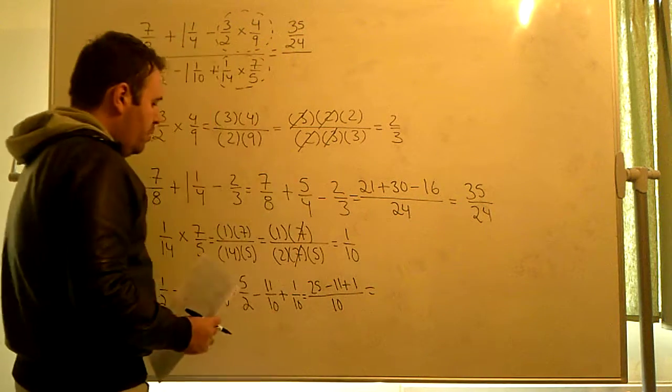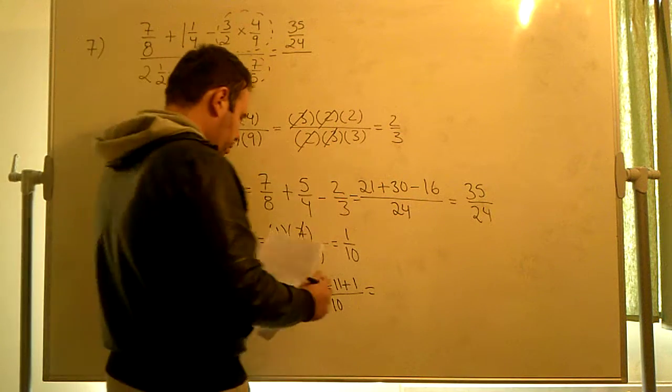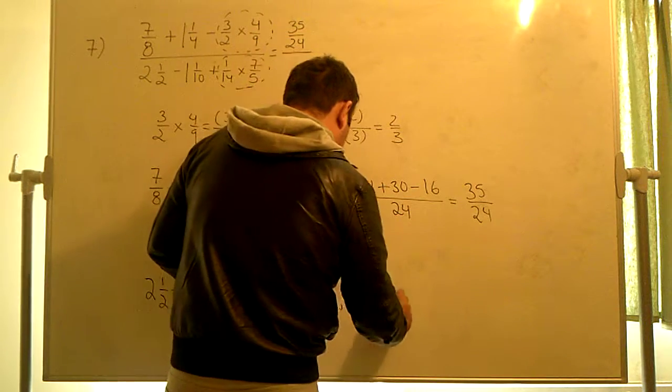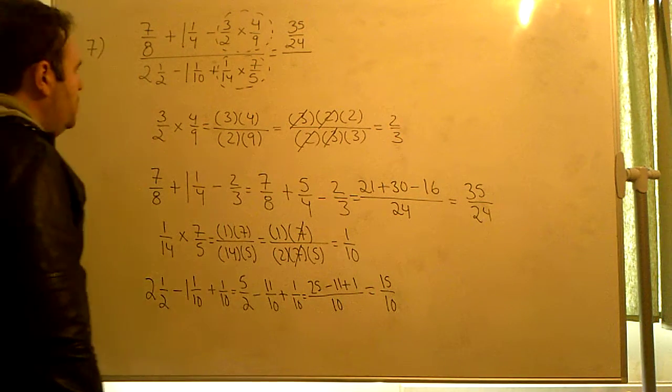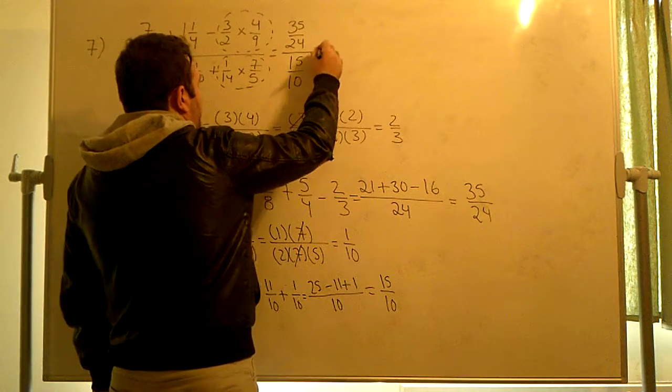So 25 minus 11 plus 1 is equal to 15 tenths. So we write it down here, 15 tenths.